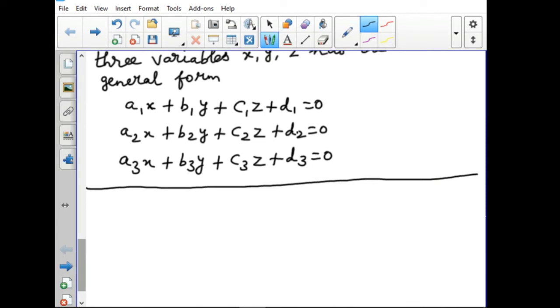If the coefficients of x, y, z are not the same, we have to multiply by some constant number and make them the same coefficient. Then one variable must be eliminated, so we add or subtract the equations. Then we solve and get one value. Next, we substitute the value into equation 1 or 2 and get another value.